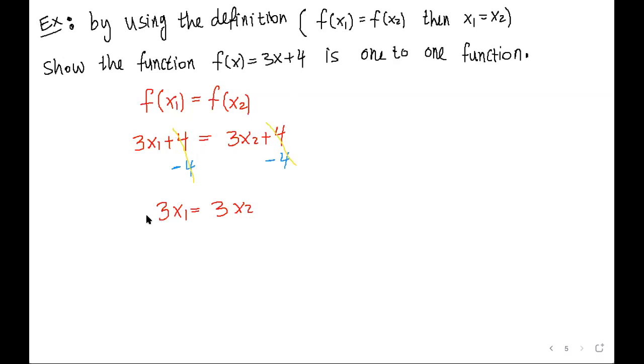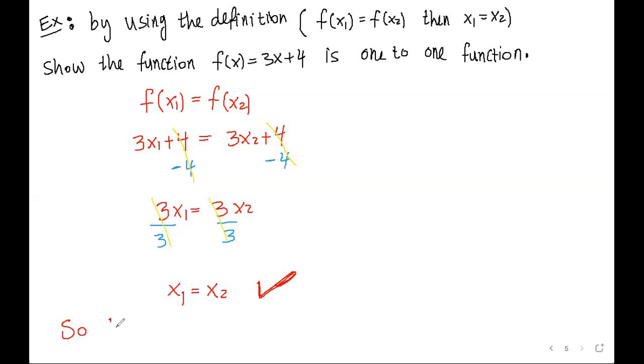Perfect. So divide 3 by 3, it canceled again. This cancels, this cancels. What did I arrive at here? I get now x1 equal x2. And this is what I need.